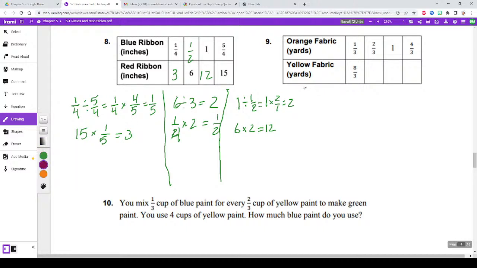All right, next table. Well, we have to start at the 1/3. So 1/3 to 2/3, we go 2/3 divided by 1/3, which is 2/3 times 3 over 1, which is 2. Then we go 8/3 times 2 is 16/3.